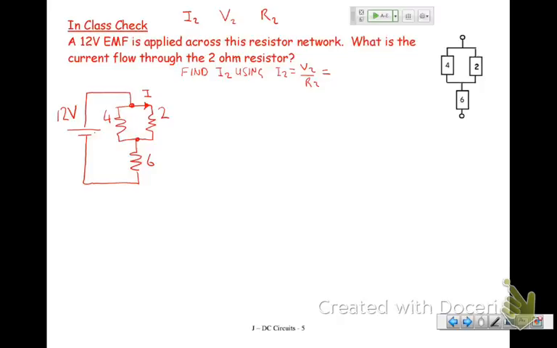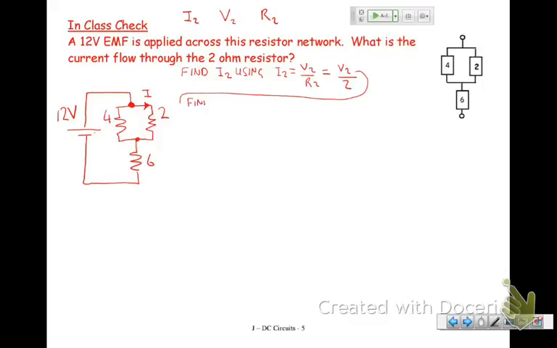Oh, I don't know what V2 is, but I know R2 is 2. Now, I should be clear. I don't know what V2 is, do I? I know between the top junction and below the 6 is 12 volts, but I don't know what that value is. Okay, this is not so bad.